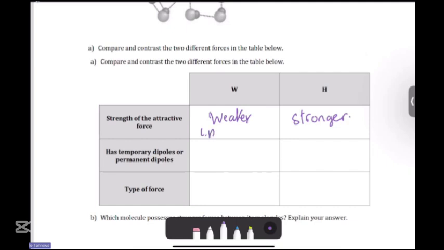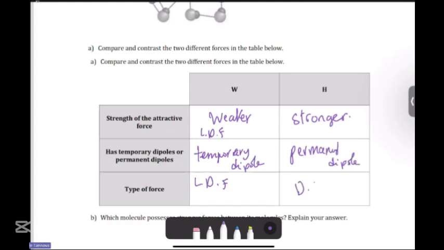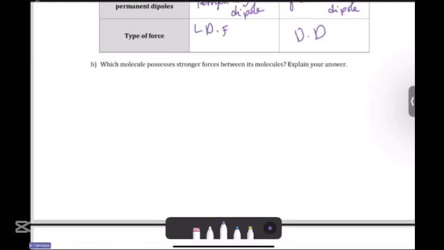The London dispersion forces, let me write it here, they exhibit temporary dipoles, whereas here permanent dipoles, and we call them dipole-dipole. So it's the same question repeated.